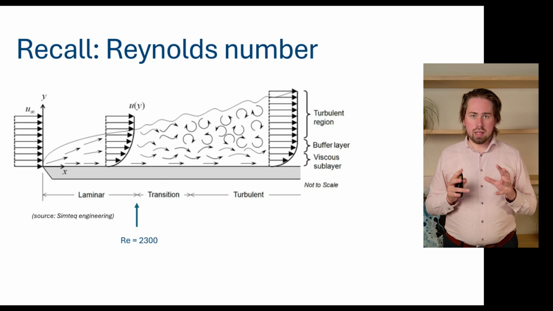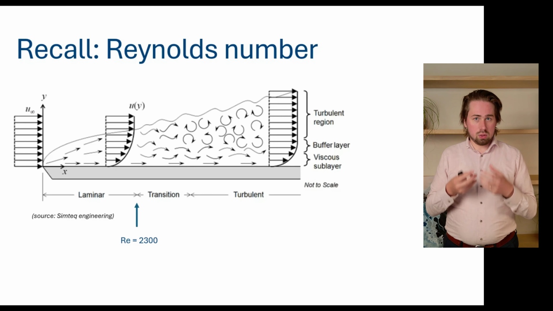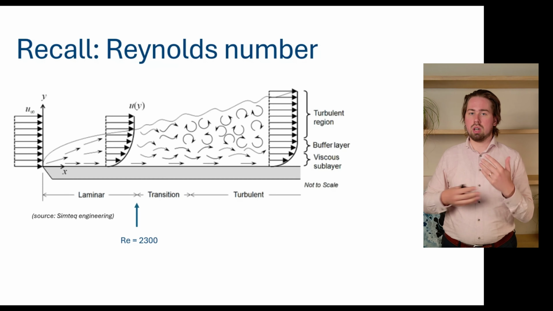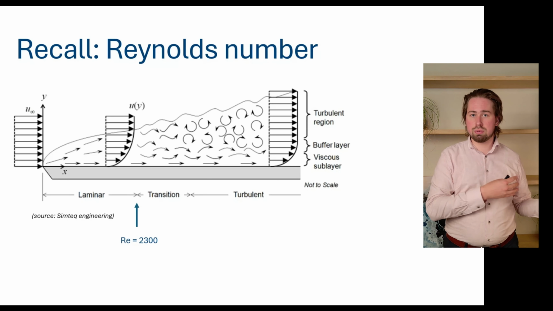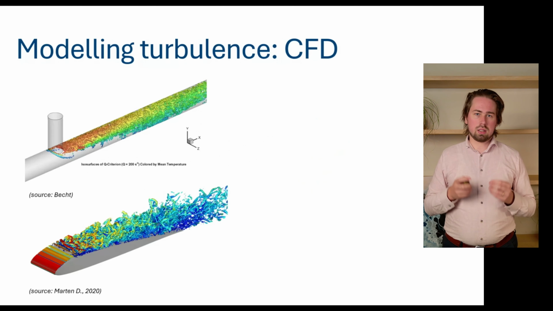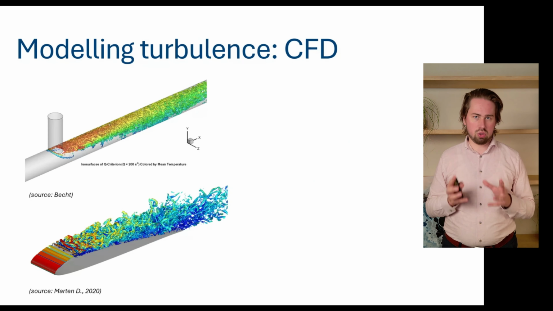So for this TurboCollector, it's really important that we model or that we know when the probe will be turbulent in the first place, but also how that will change the heat transfer and also the pressure drop. And in order to model that, we need something which is called computational fluid dynamics, or CFD in short.